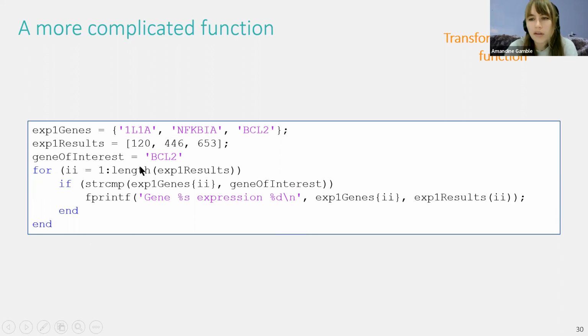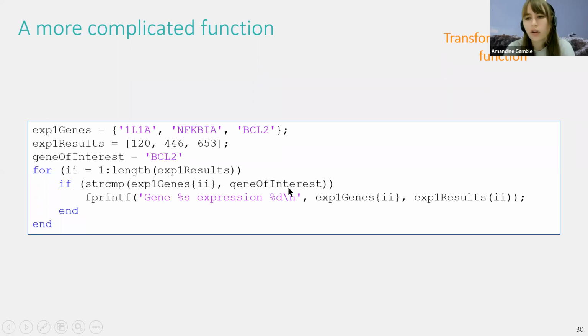So what we did is we made a loop that was looking at all the genes one after the other, the first one and so on until the last one. For each of these iterations, we were comparing the name of the gene to the name of the gene we're looking for. And if that test was returning 1, it would print that expression.